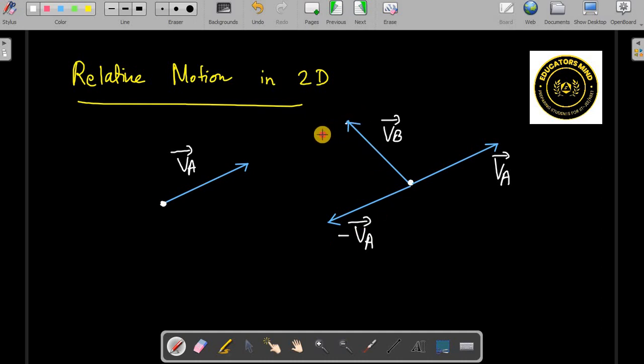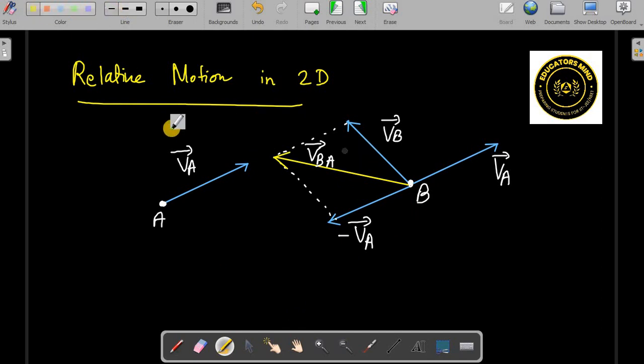So the resultant of these two, which we can add applying triangle law or parallelogram law, this will be the resultant vector. So this represents velocity of B with respect to A. And suppose if A is fixed here and B is fixed here, you can extend this line of motion.